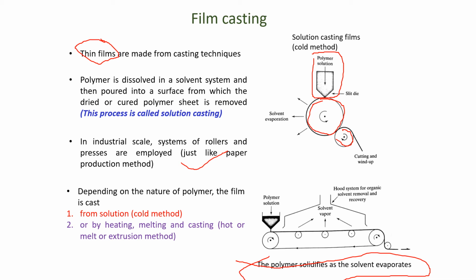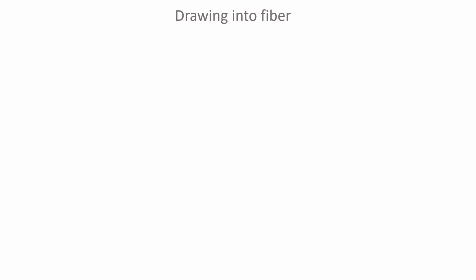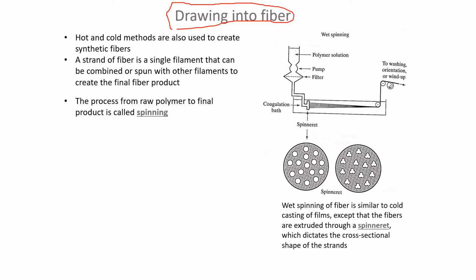Okay, and then we go to the next production of polymer. This is drawing into fiber. Refresh your memory about the discussion on rayon and spinneret. We have a solution of polymer and a spinneret.